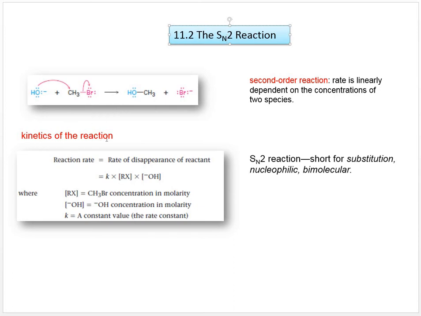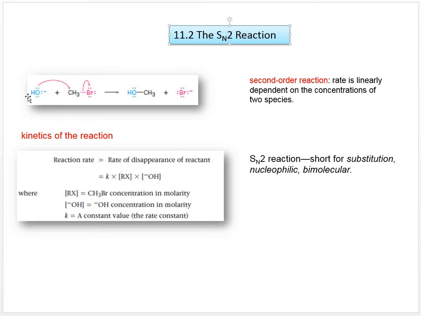If we analyze the reaction kinetics for this particular reaction, we can write reaction rate is equal to k, which is the rate constant. It is a particular constant for every different type of reaction, and then the concentration of the first reactant and second reactant.